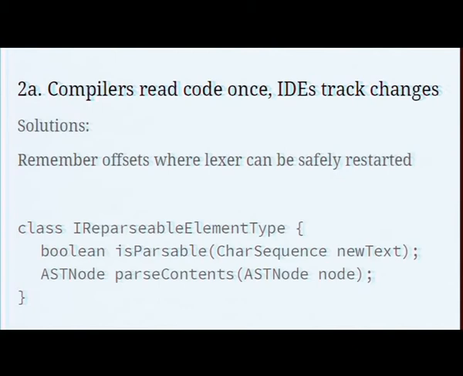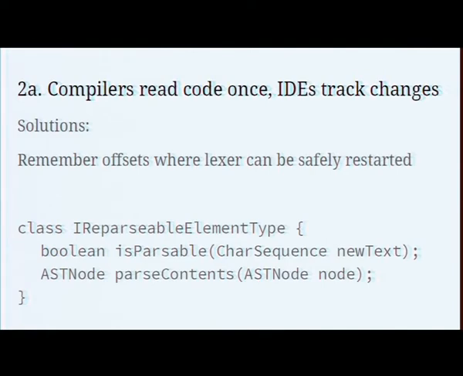So for the lexer, the task is relatively easy. The lexer has a notion of state, and in some states, the lexer says that I can safely be restarted from here, and we remember the offsets at which the lexer can be restarted, and we find the closest such offset to the changed range, and we restart the lexer from there.